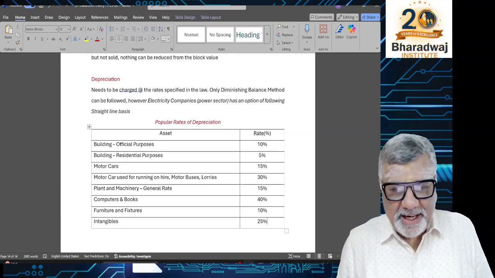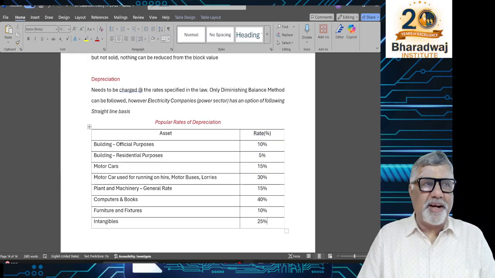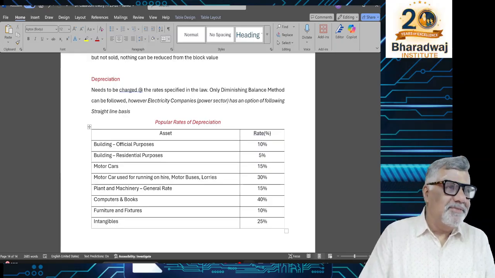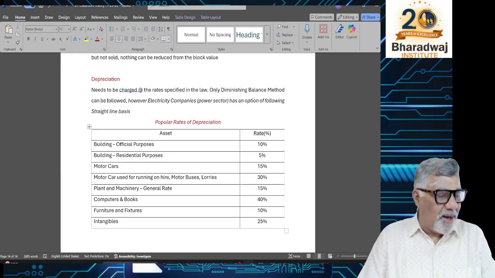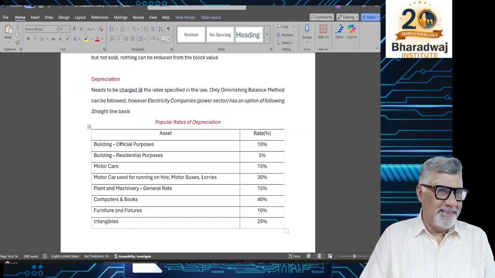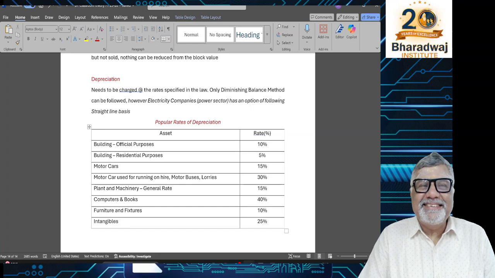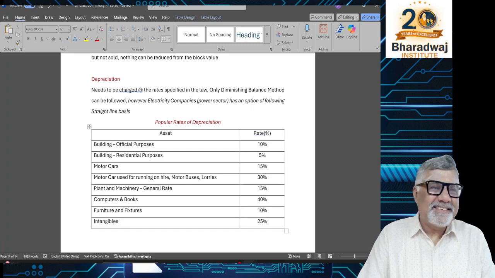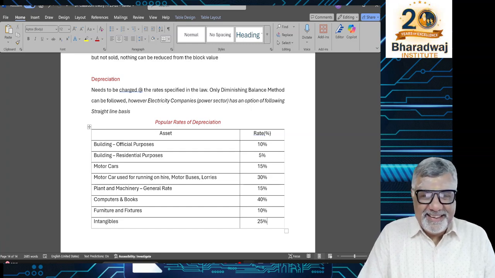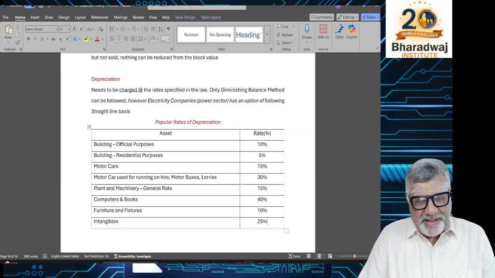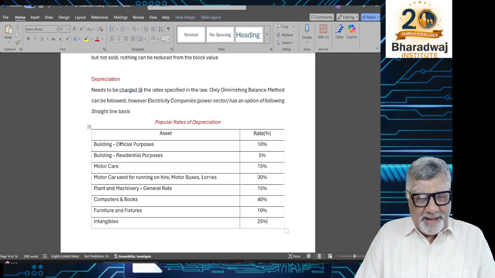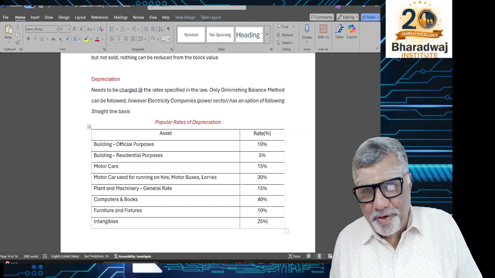I was just asking Archana, what's the depreciation rate for mobile? Is it computer? It does more work than a computer. Parvesh, what is the depreciation rate for a mobile phone?